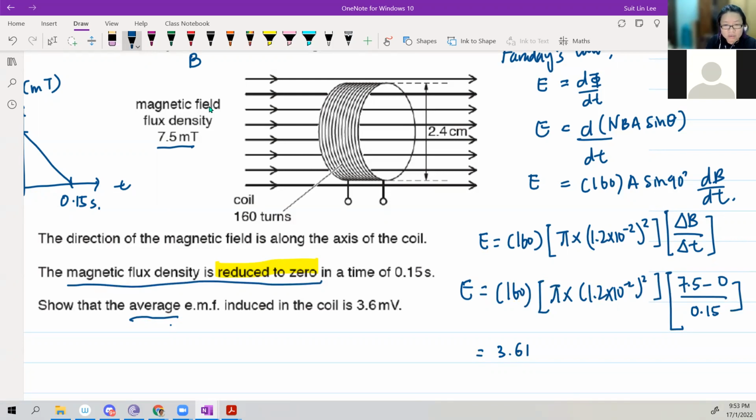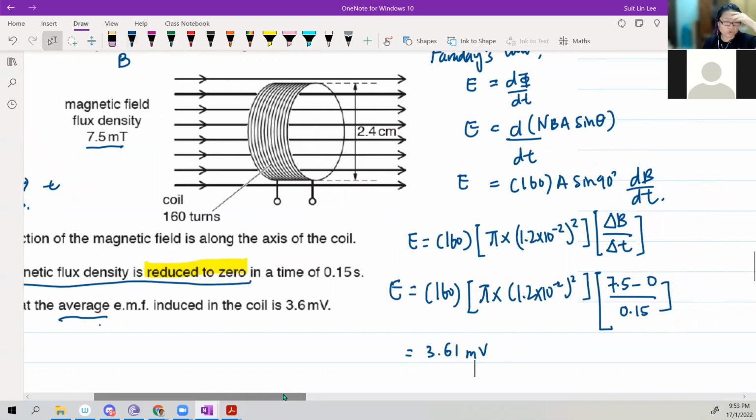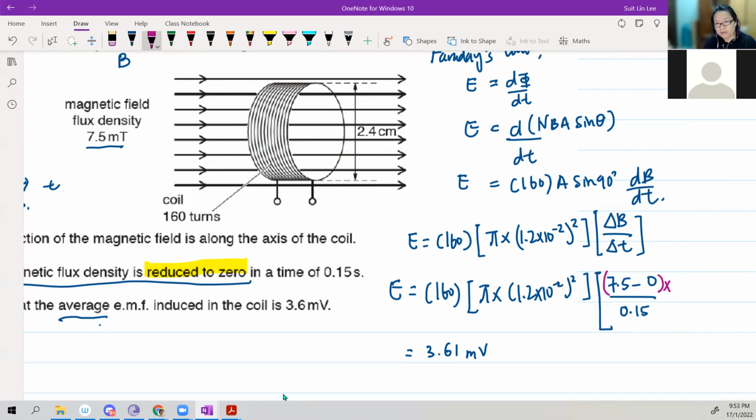I am missing... Oh, millitesla. This is millitesla, by the way. So it's 3.61 millivolt because the 7.5 is millitesla. But if you are generally a bit anxious about prefix, then I would recommend you just convert this one times 10 to the power of -2.